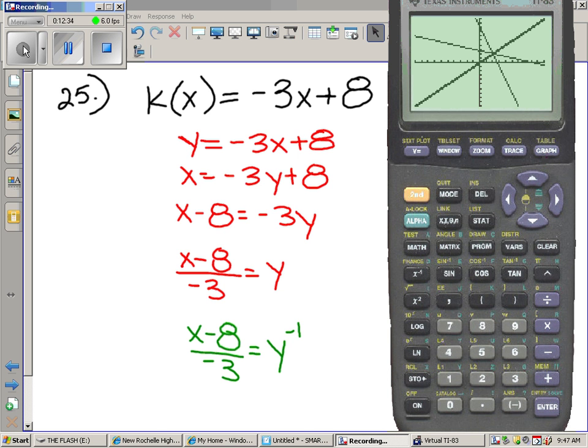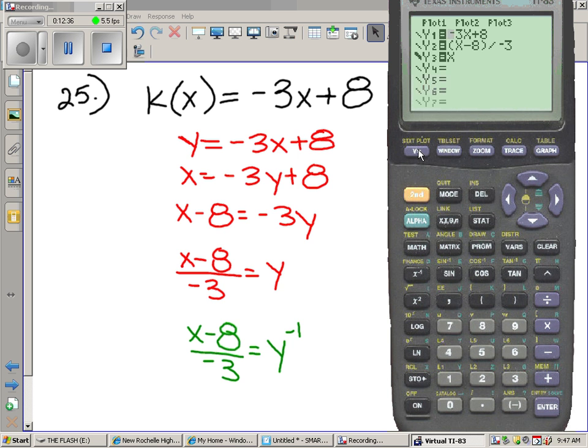Let's talk about that. Your calculator will actually draw the inverse of stuff. For example, take x squared. X squared is this. Do you think x squared's inverse is a function? Why not? I told you that in order for the inverse to be a function, it had to pass this test.